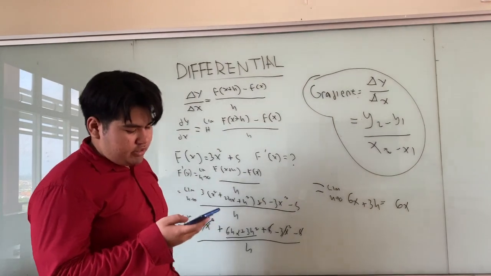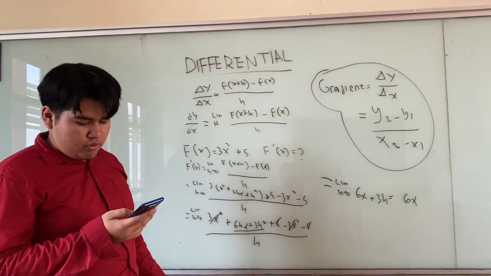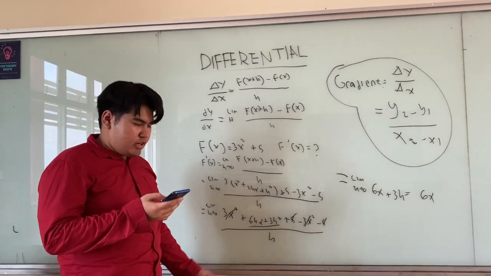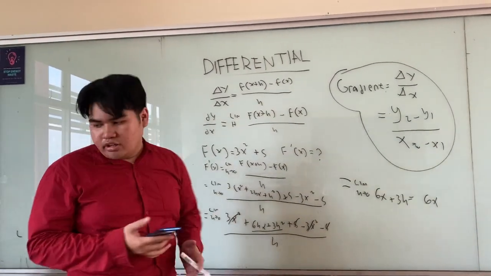So to get the derivative, it could take some time. Now we can create a formula that we can use to derive a function, so we can get into the derivative.